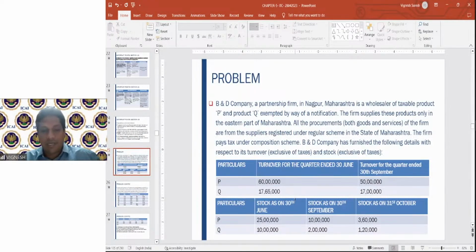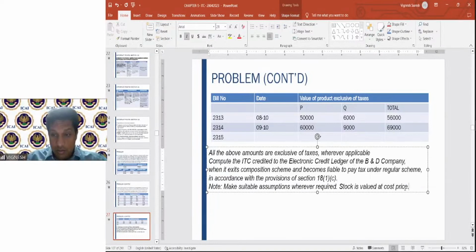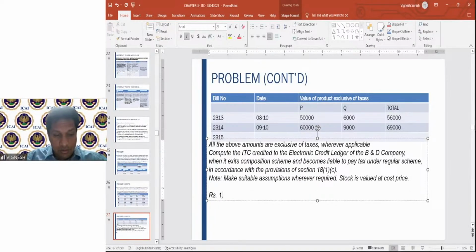So it is basically 1 crore 44 lakh 65,000 as on 30th September.